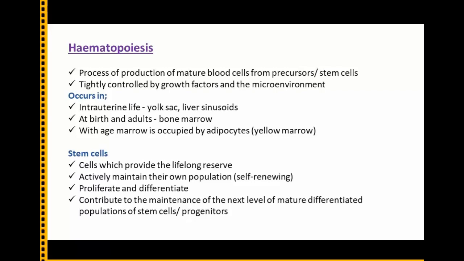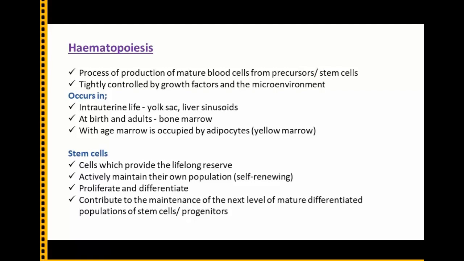So, the site of hematopoiesis differs from intrauterine life to the adult life. In intrauterine life, hematopoiesis starts in the yolk sac at the beginning, but later it occurs in the liver sinusoids.